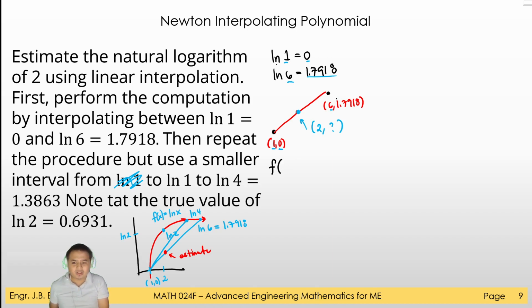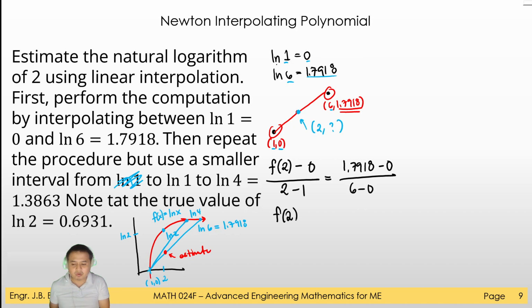So we have f of 2 minus f of 1, which is 0, over 2 minus 1, equals the difference of 1.7918 and 0, over 6 minus 1.